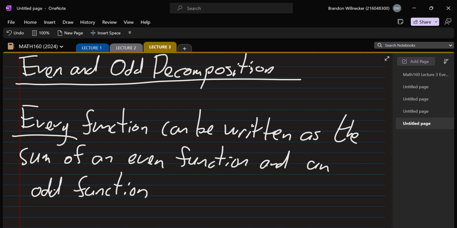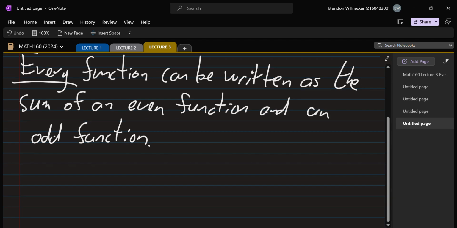And this is for every function. So in our statement, given any function, you can give me whatever you like, we can always write it as the sum of an even function plus an odd function. So let's prove this, and then we'll see a couple examples of it.